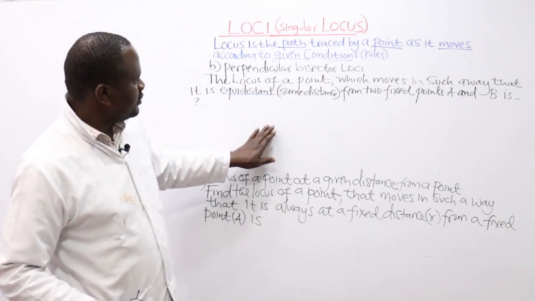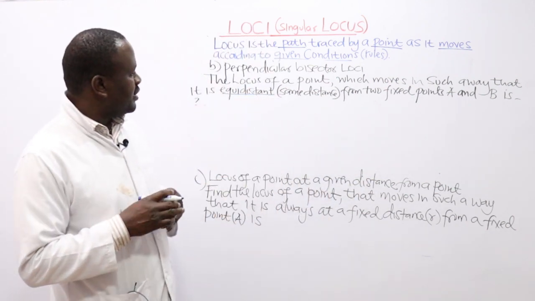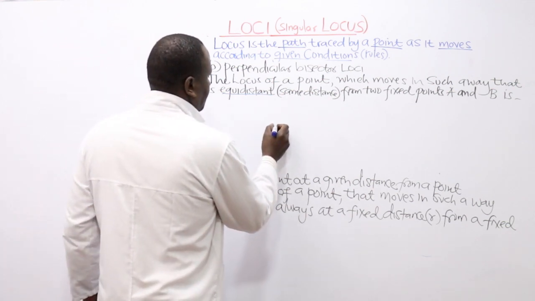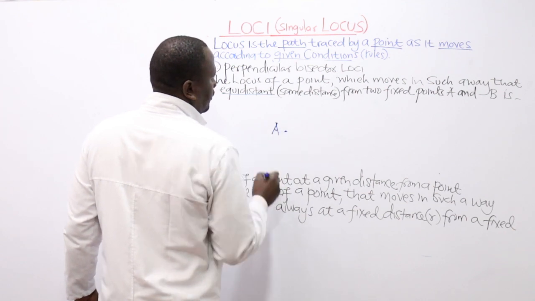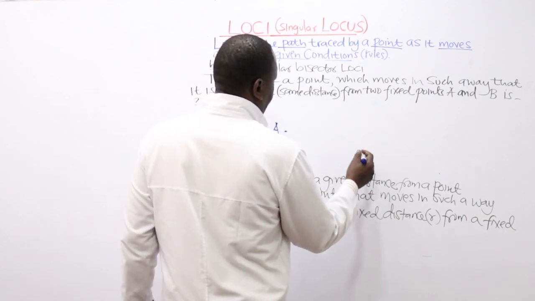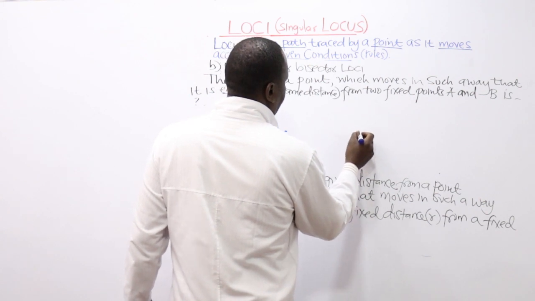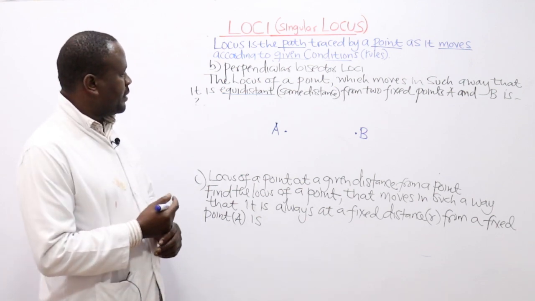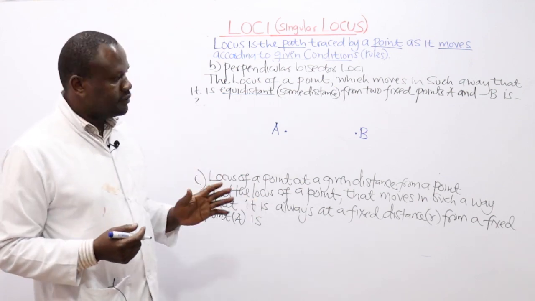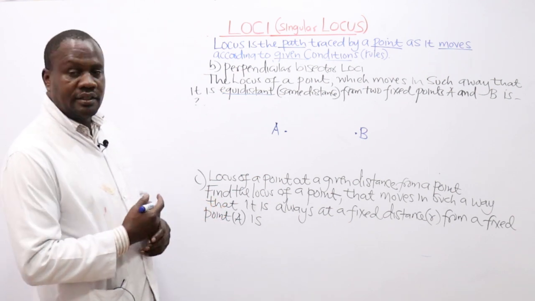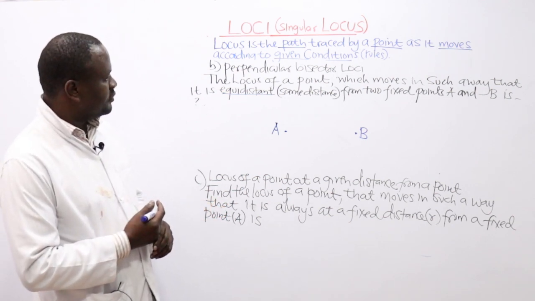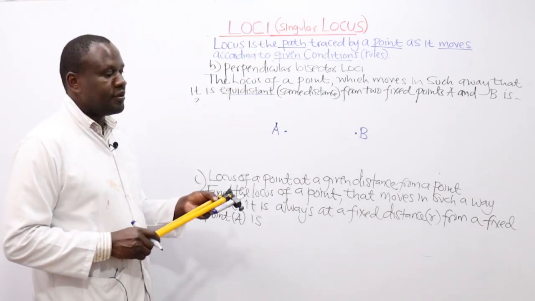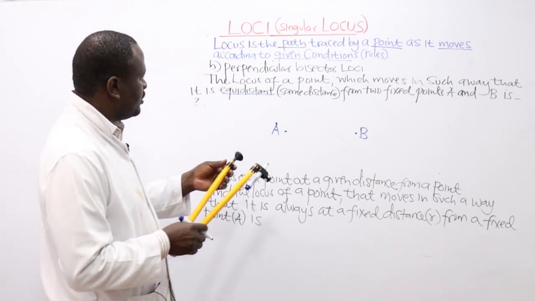Like when we saw somebody moving and keeping the same distance from two trees, A and B. We saw that this person has to be in the middle of these two trees. And he can move upwards. He will always be at the same distance from the trees.